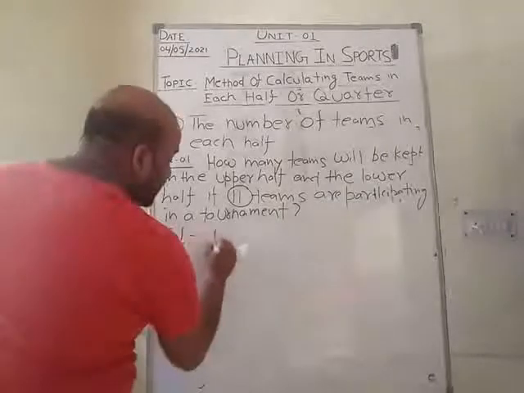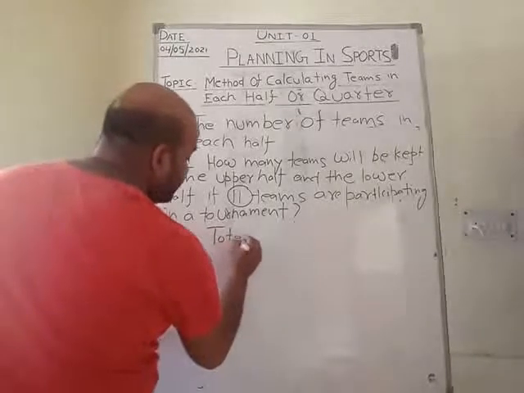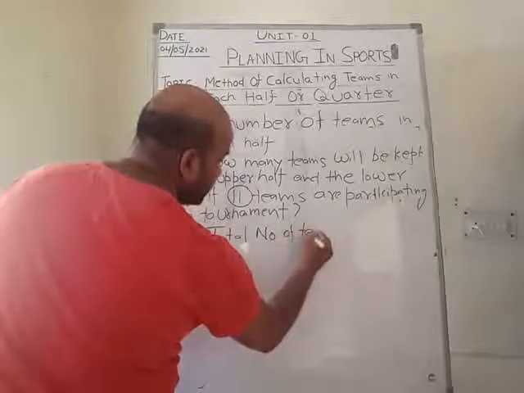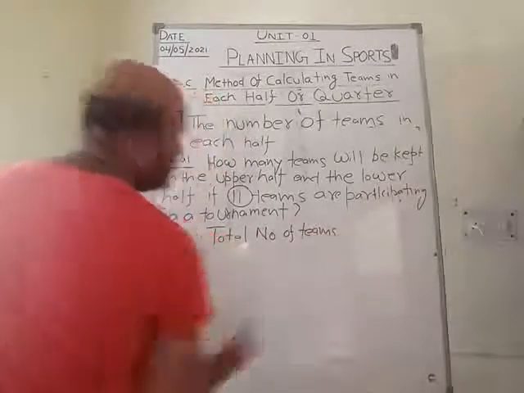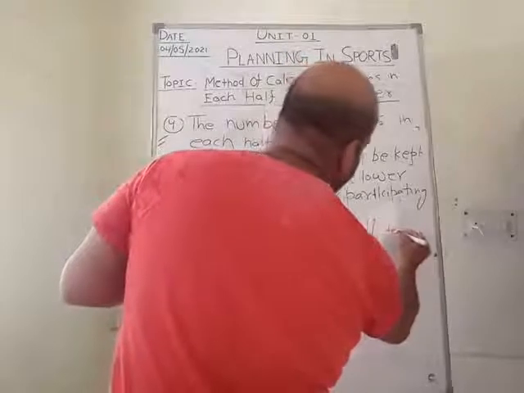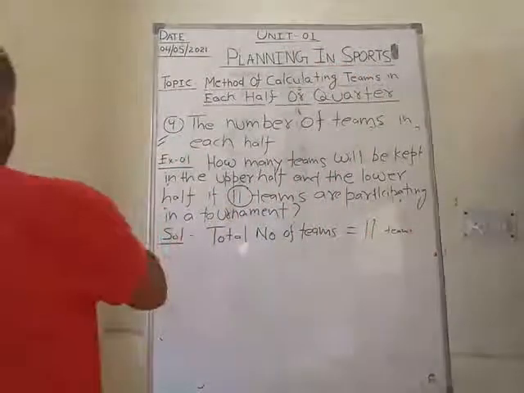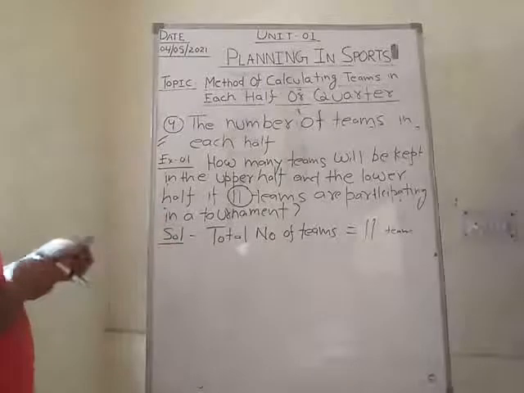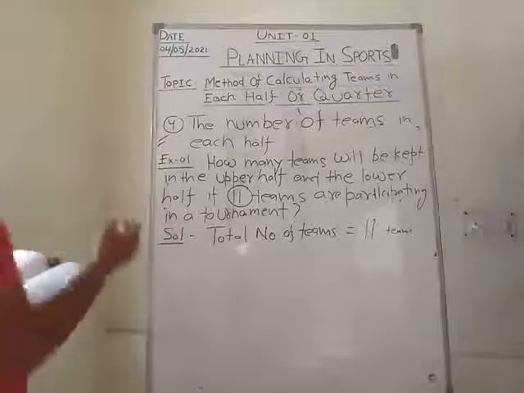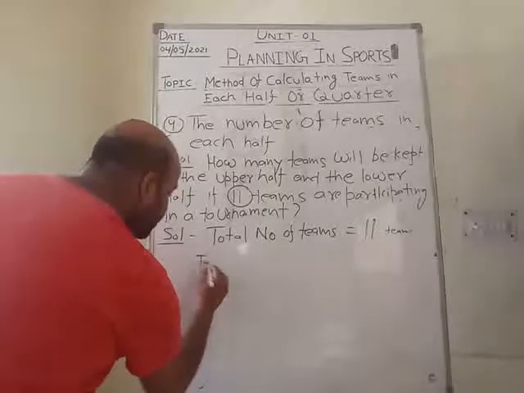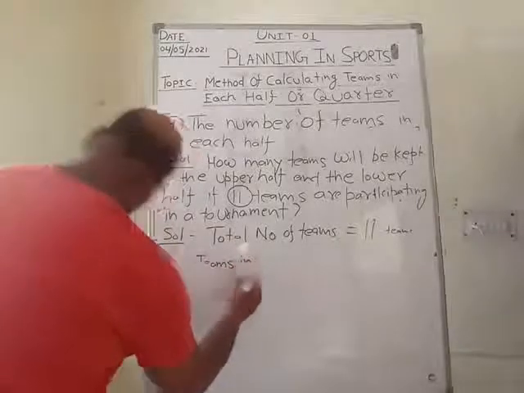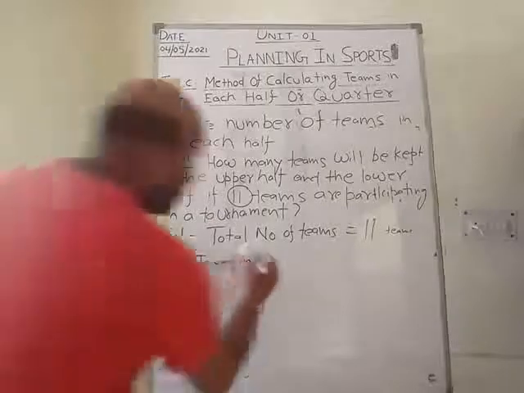First, the total number of teams equals 11 teams. Next, teams in the upper half.